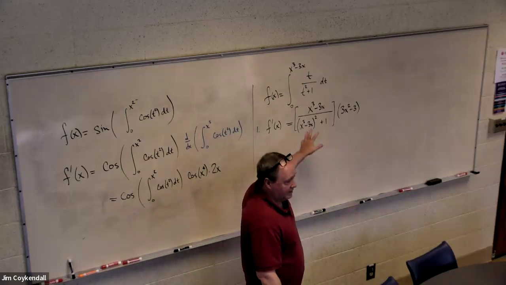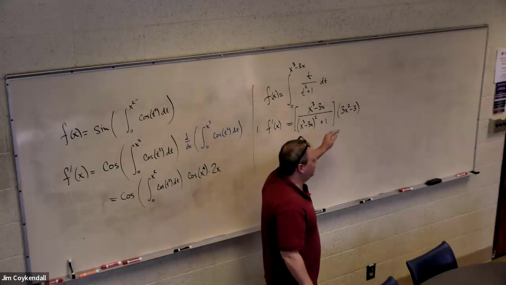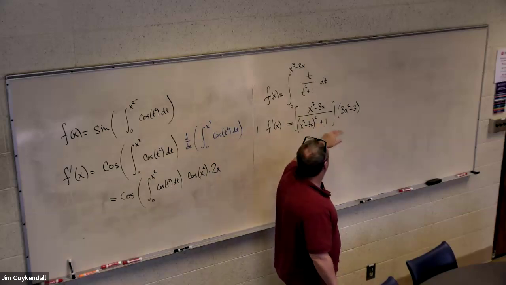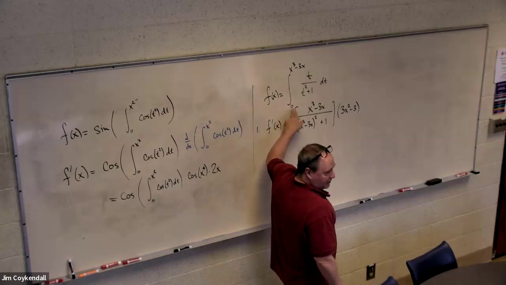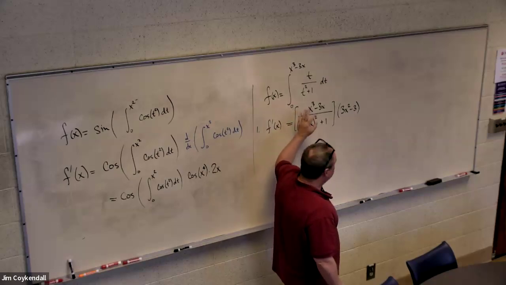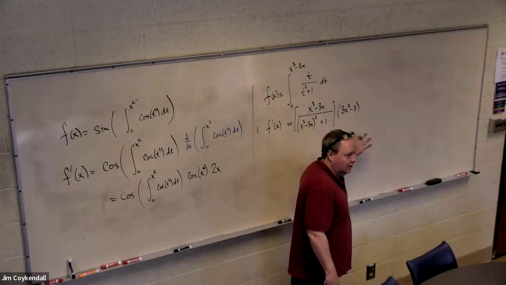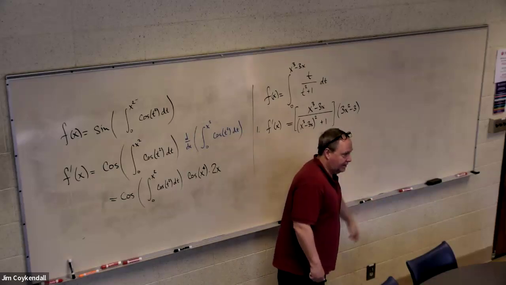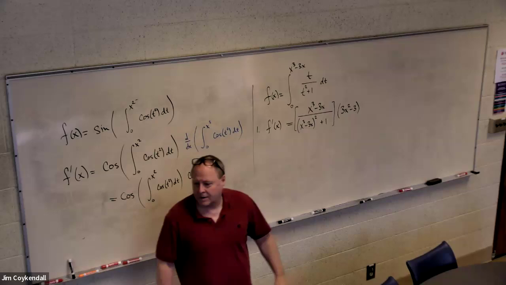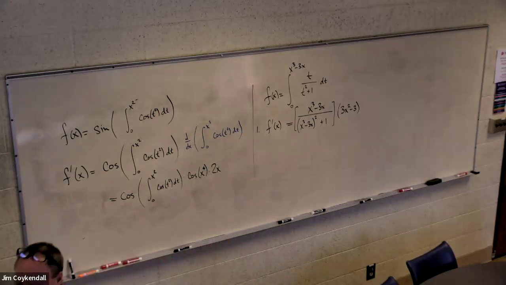Are you okay on the first piece? And the second piece you subtract off is going to be 0, because you're going to end up multiplying by the derivative of 0. So this is it, right? So there's the derivative. And there we go. So that's part A.